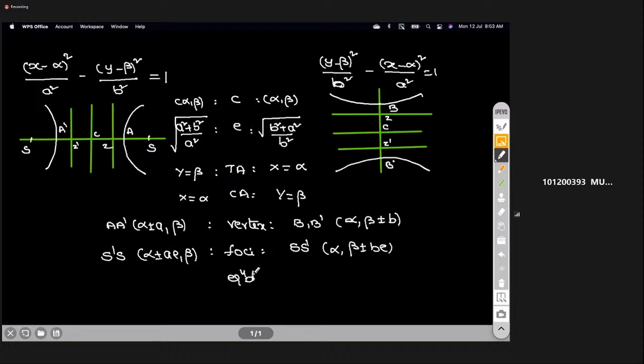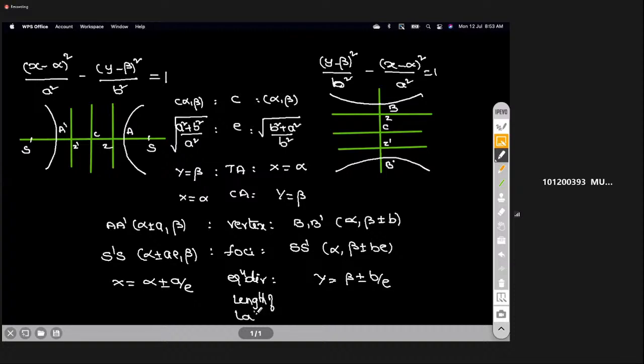Equation of directrix: y is equal to beta plus or minus b by e. Here, x is equal to alpha plus or minus a by e. Next, you require the length of latus rectum.